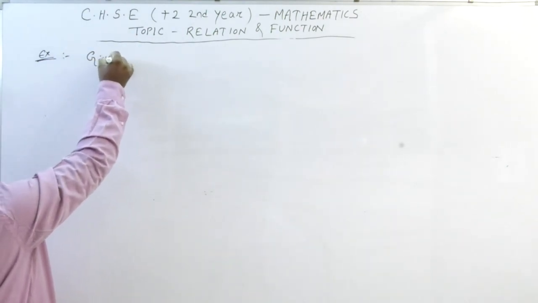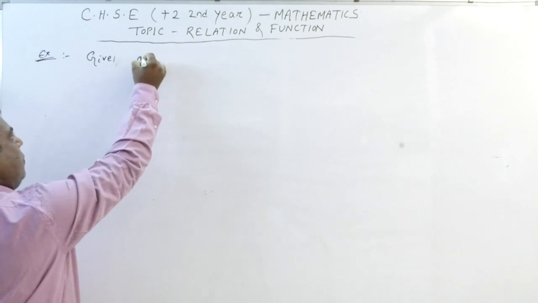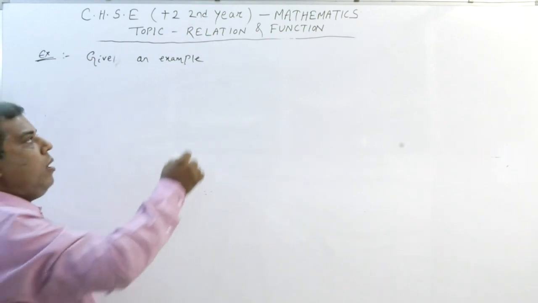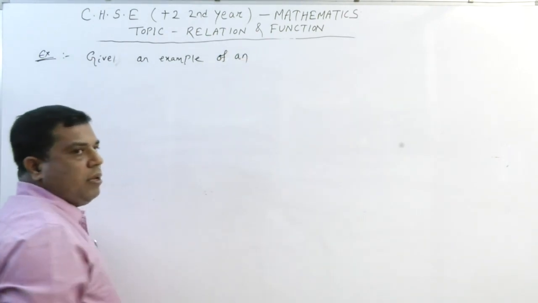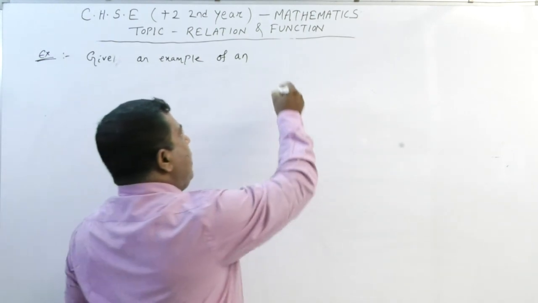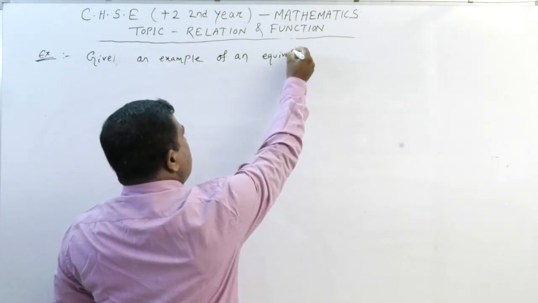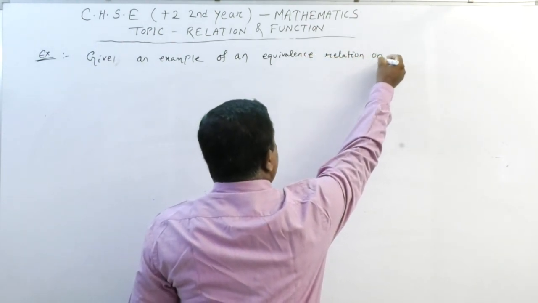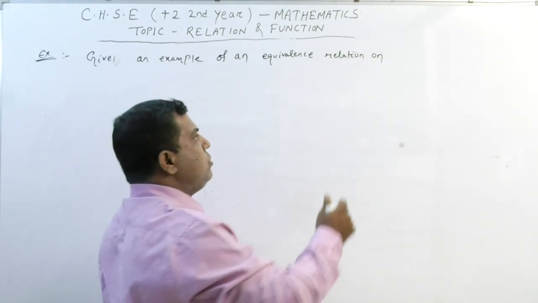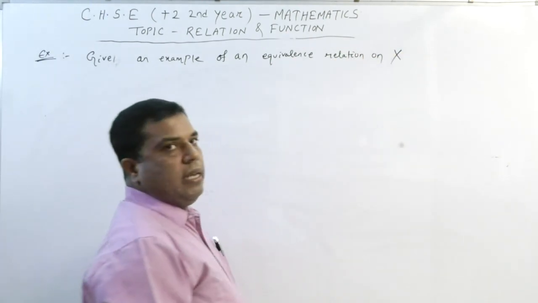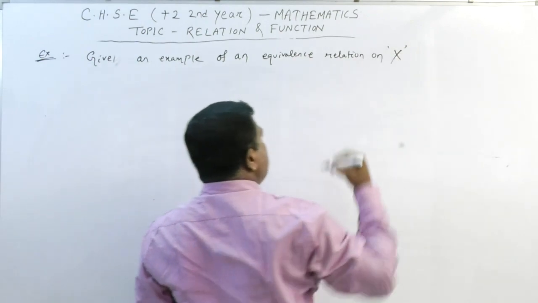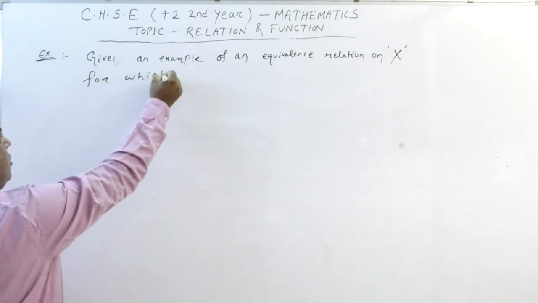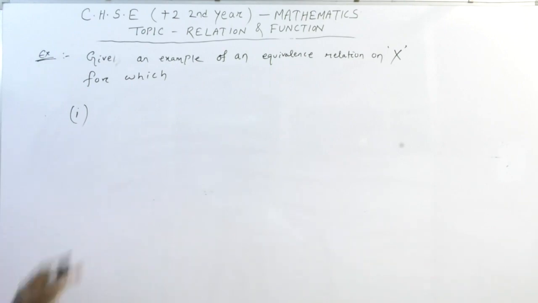Give an example of an equivalence relation on some set, suppose on X. The set is named as X. On X, for which suppose some condition is there.